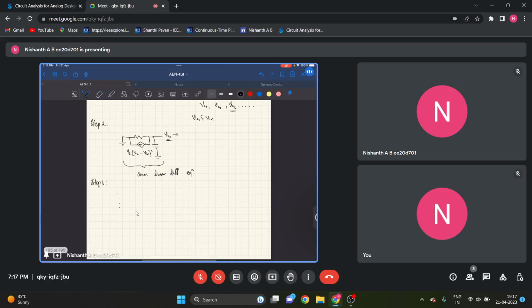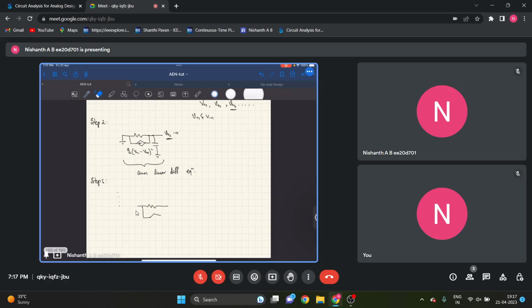What happens is basically you inject G2 into (VO1 minus Vin) whole into VO2 plus G3 into (VO1 minus Vin) whole cube, right?